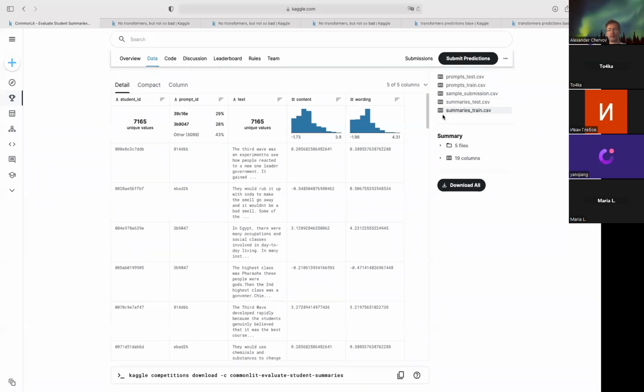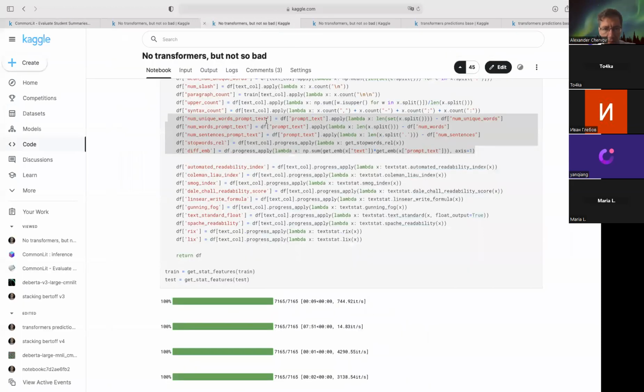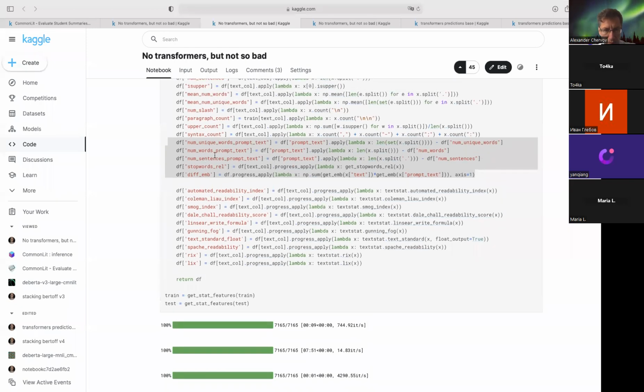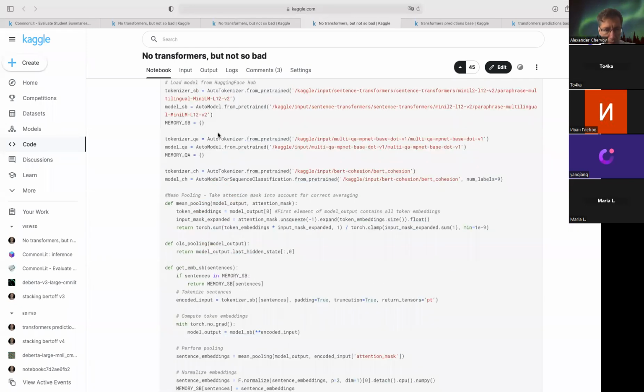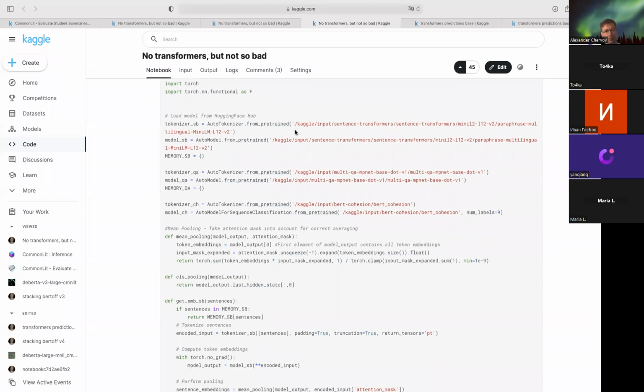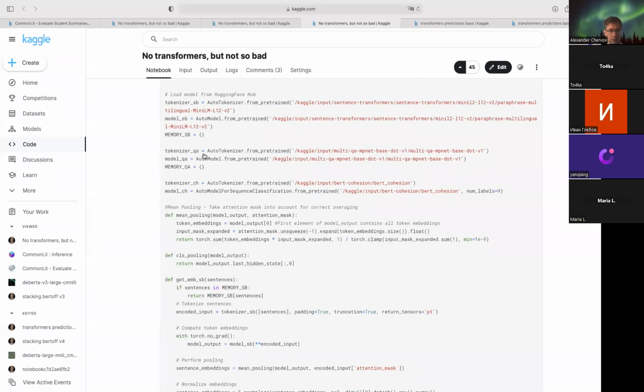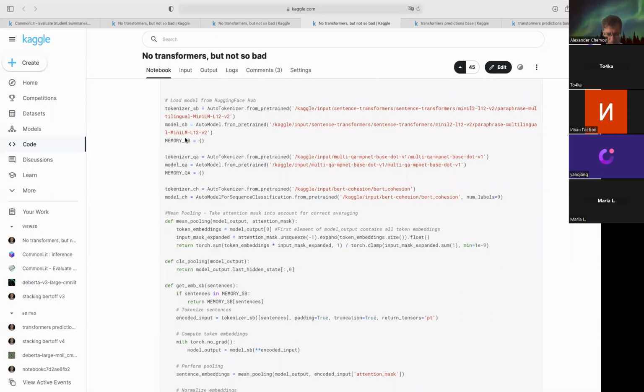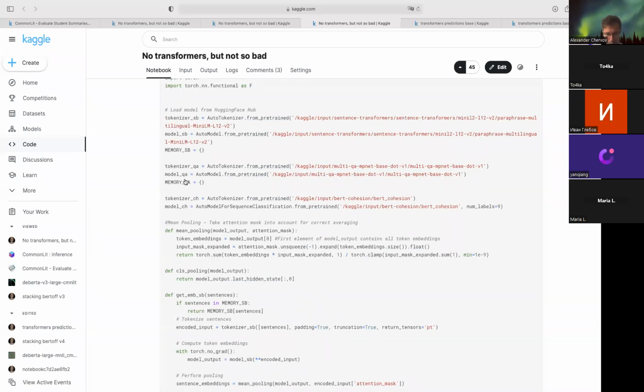And Ruda asked me, can you please show the code where you make sentence embeddings? Yes, I used it in my notebook, "No Transformers, But Not So Bad", in the third version. Here I declared two models for getting sentence embeddings, and one model from the previous competition.